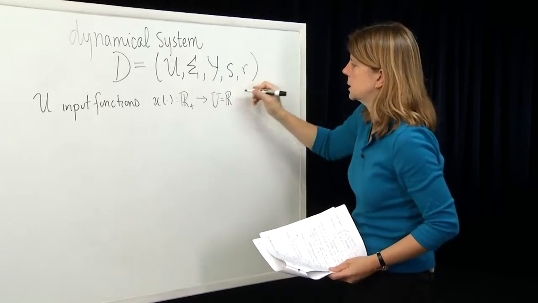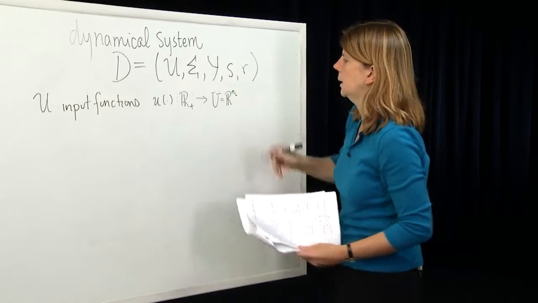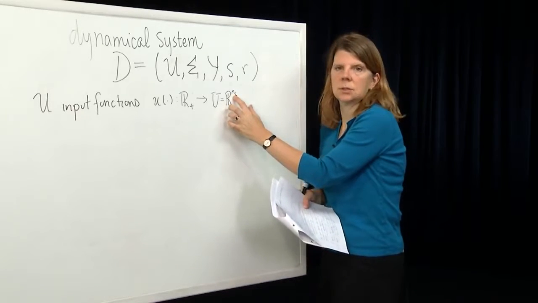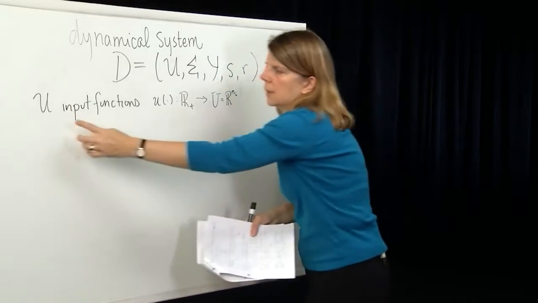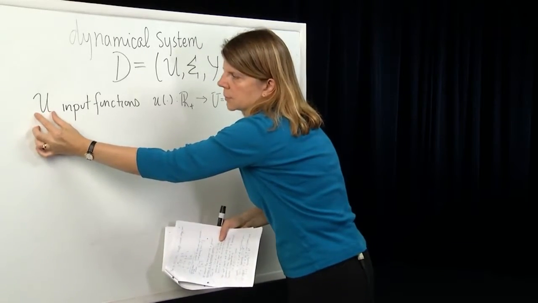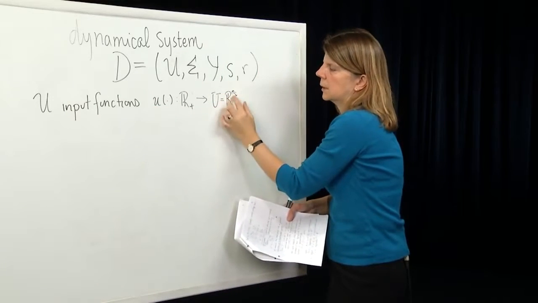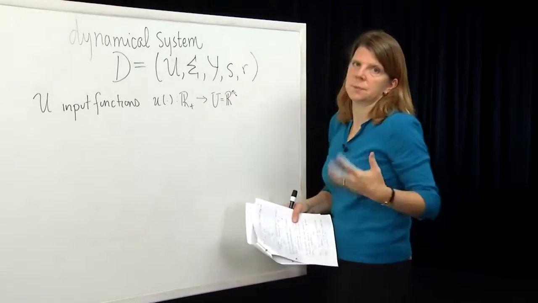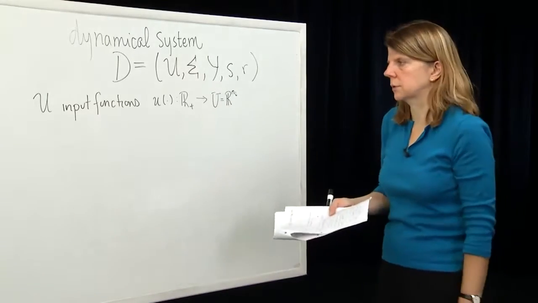Let's actually be precise. Let's call it Rni. So that little ni represents the dimension of the input space. So in this notation, these represent the functions, and this capital U, which is typically Rni, represents the space in which those functions, the range of those functions.